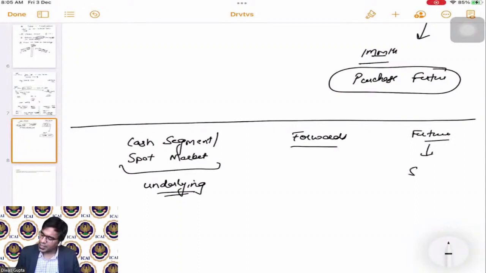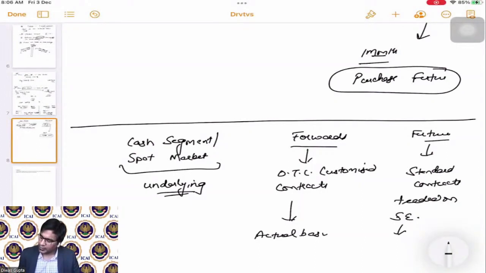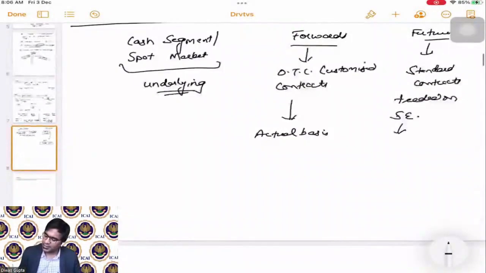Futures are standard contracts traded on stock exchange. Forwards are over the counter contracts, customized contracts. Forwards need to be settled on actual basis. Actual basis means the 100% settlement has to be there.